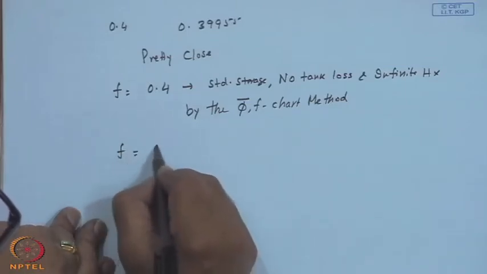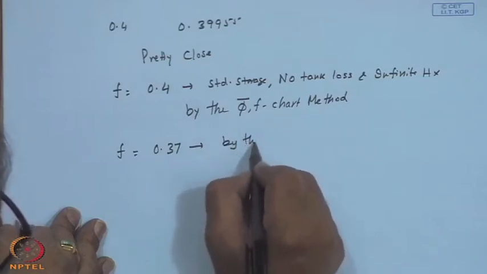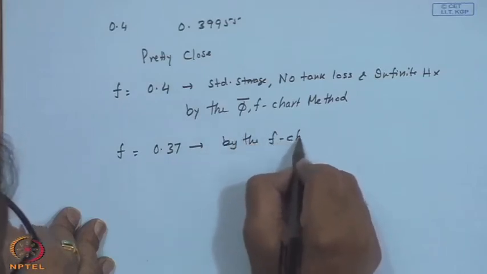This is about 0.37 by the f chart method.